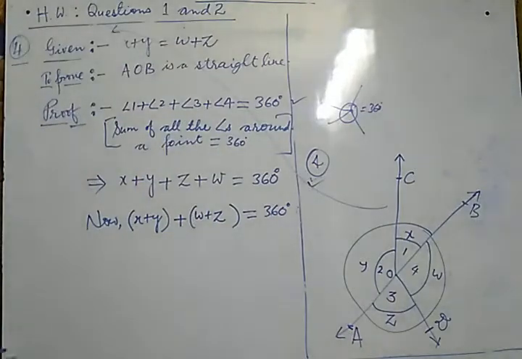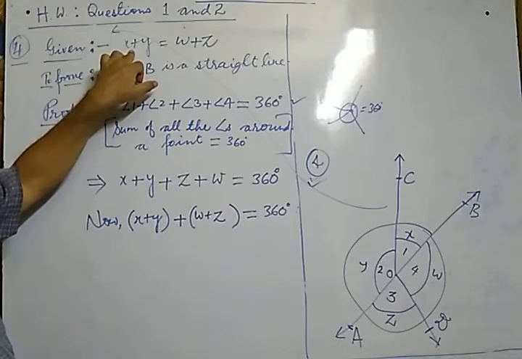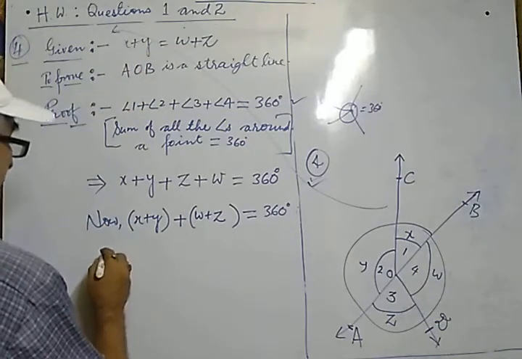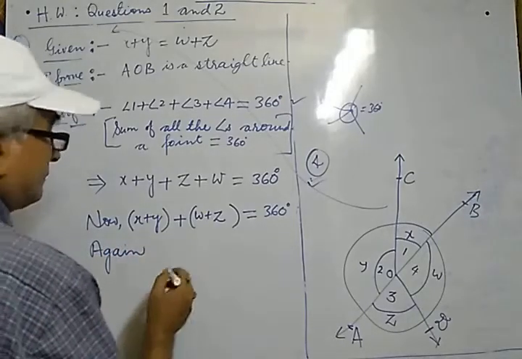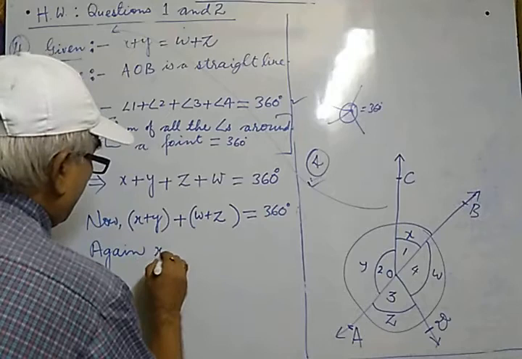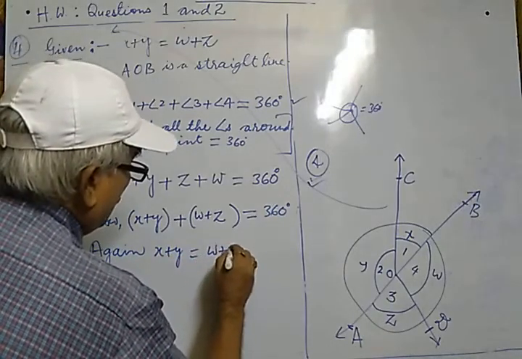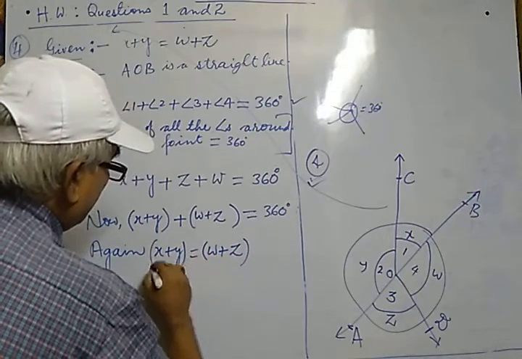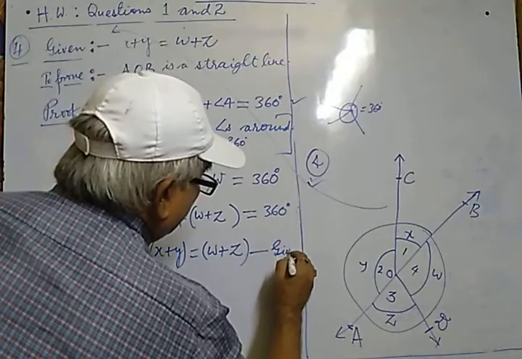Now, it is remarkable here. It is given. What is given here? We have to note down again x plus y equals w plus z, because this one is given here.